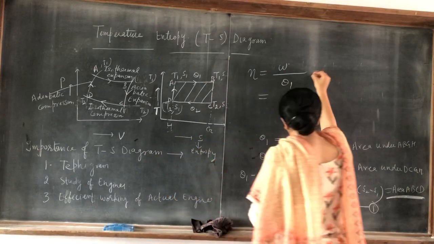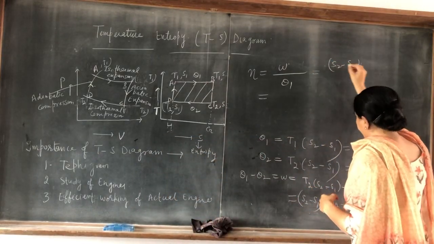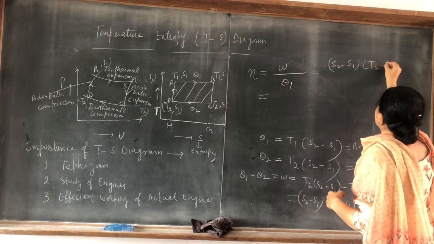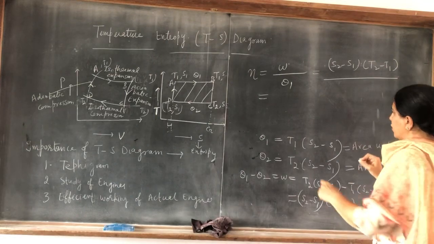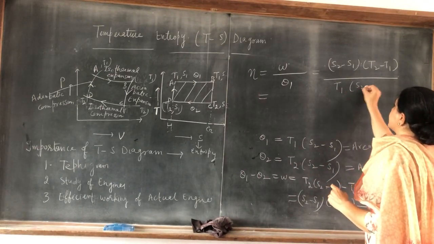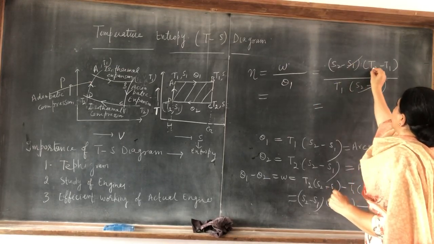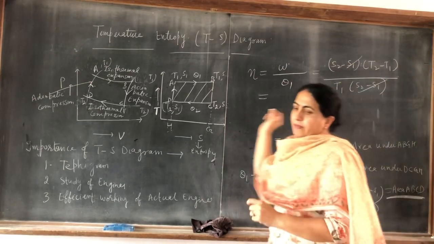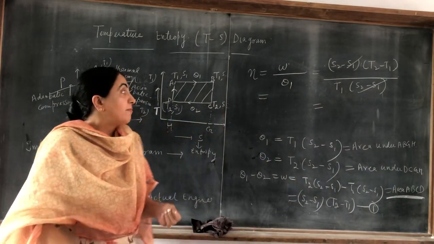So this is equal to S2 minus S1 into T2 minus T1 divided by Q1. Q1 is T1 into S2 minus S1. So this goes, we have T2 over T1 minus 1.